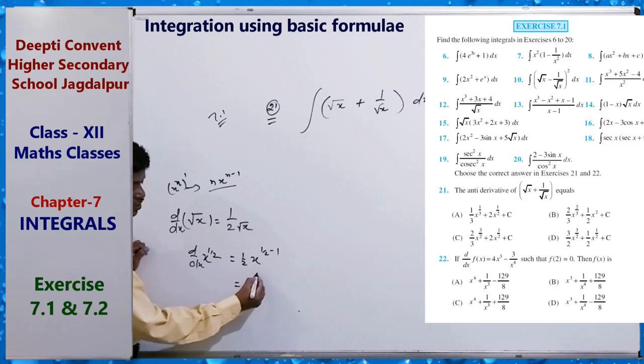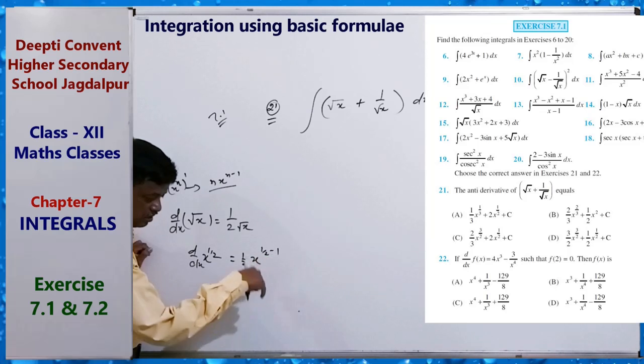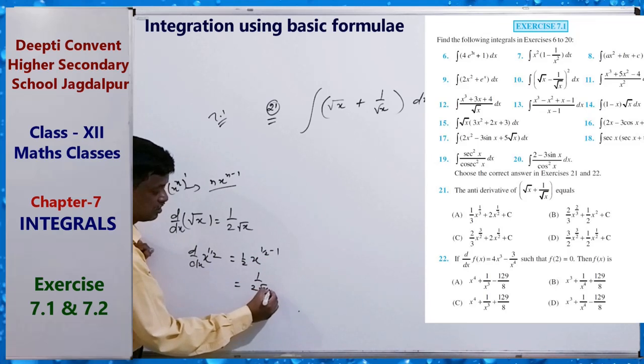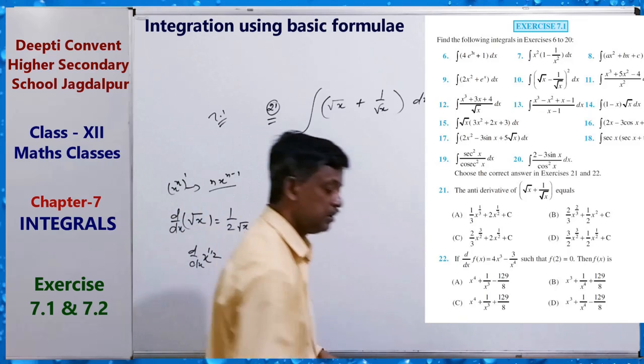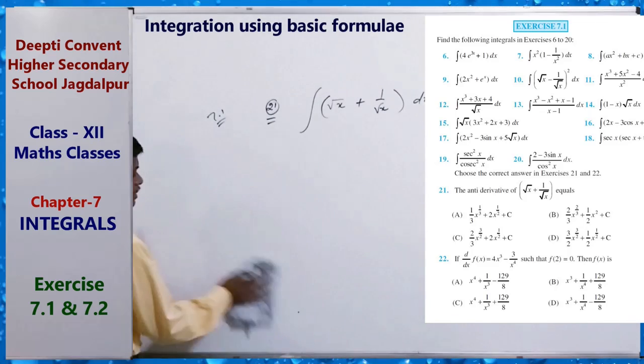So 1 by 2 x to the power minus half means x to the power half in the denominator, which is root x. So this is the formula, and its derivative is very simple.